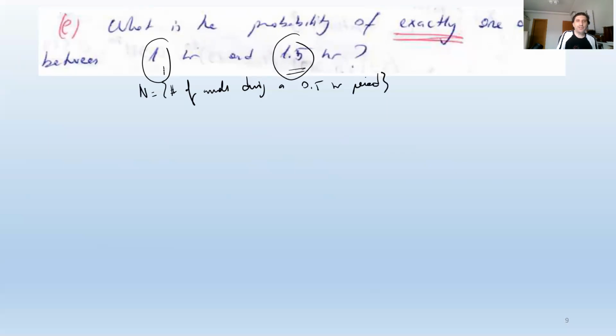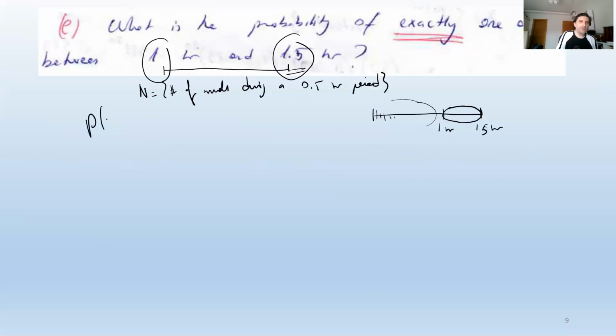You may ask, but this was between 1 and 1.5, can we take it as any 0.5 interval? Yes, we can, because as I said earlier, Poisson distributed delta t's are independent. Therefore, this segment is independent of all the previous segments, so you can easily take it as any 0.5 hour period.